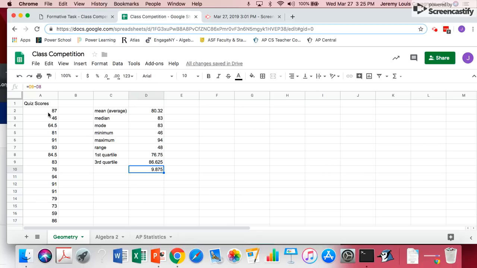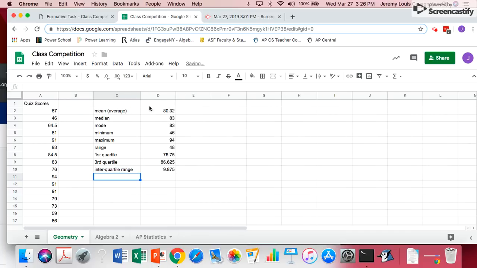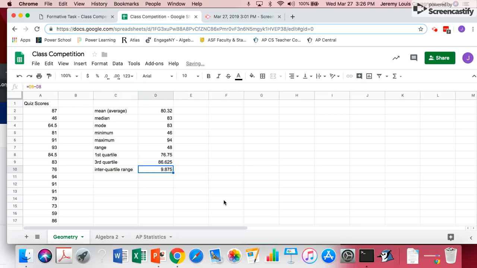It's like a 10-point range, and that is called the interquartile range, or IQR they call it sometimes. The interquartile range is also a very important metric of spread, or how spread out the data is.